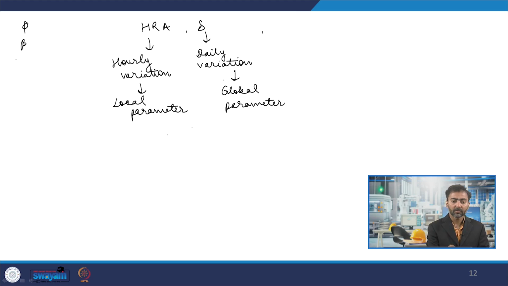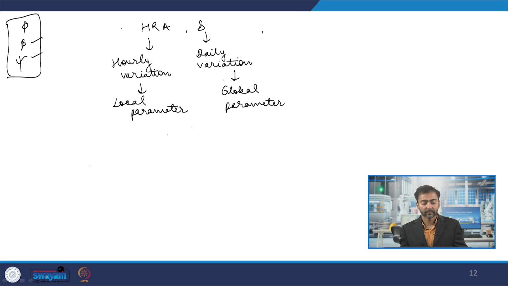Once you design a particular type of PV system, you decide upon a tilt angle and an orientation angle, then it is constant. So these three are anyways constant. These two are the variables in the beam radiation calculation. In DHI, as we saw, there is only one variable, beta, which is again constant.